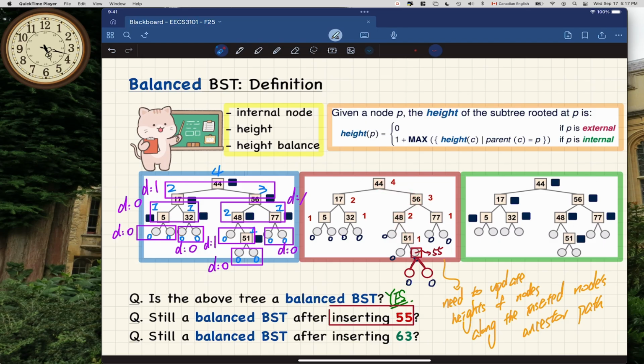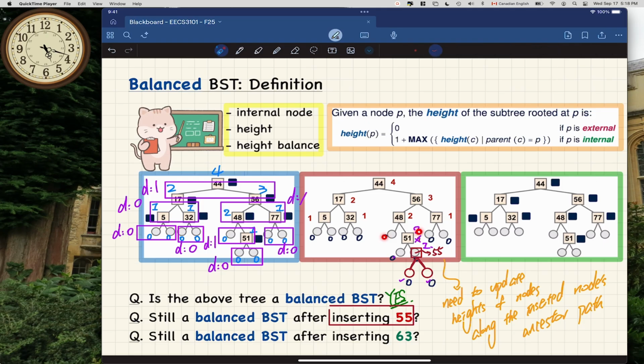Let's update the heights. Okay? Let's start with this. Let me use maybe purple. Okay? 0, 0. So this means this should be 1. Right? And then we got 0, 1. This should be 2. And then 0, 2.